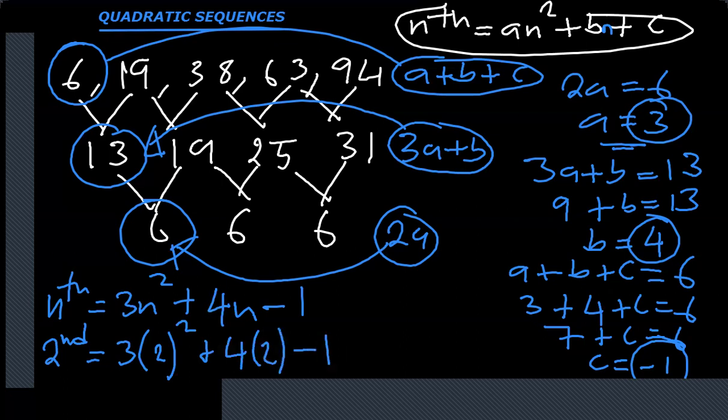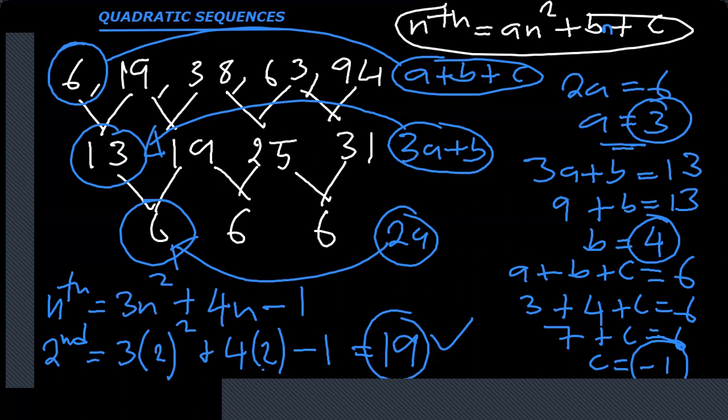So 2 times 2 is 4, that is 2 squared. 4 times 3 gives us 12. Then 12 plus 8 gives us 20. Then 20 minus 1 is going to give us 19. So our nth term formula is correct. We proof checked and we get the second term as 19.